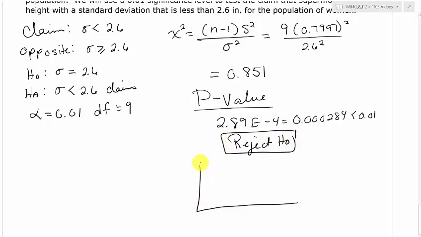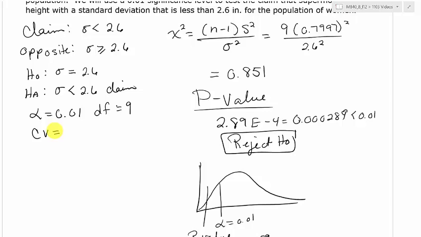Drawing out a picture of that. This is a left-tailed test. Our significance level alpha is 0.01, and our p-value is 0.000289. If you don't have a graphing calculator and you're going to look up your critical value, this is a left-tailed test.